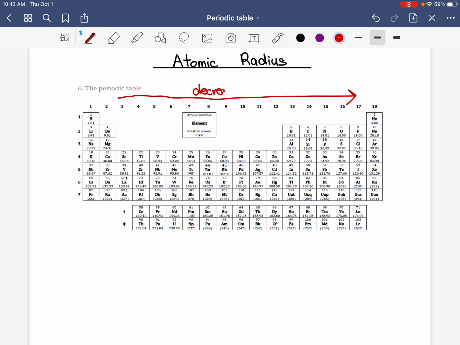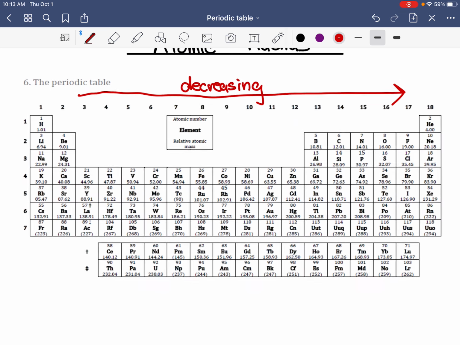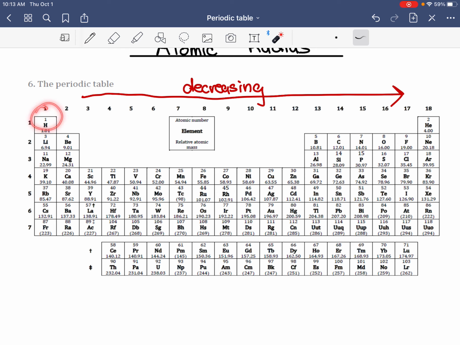They're actually getting smaller, believe it or not. So if you were to compare hydrogen versus helium, which one is bigger? Hydrogen is actually bigger.